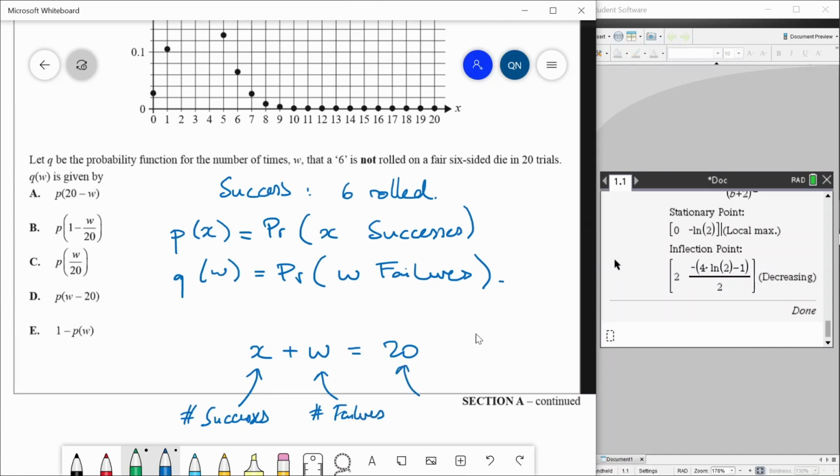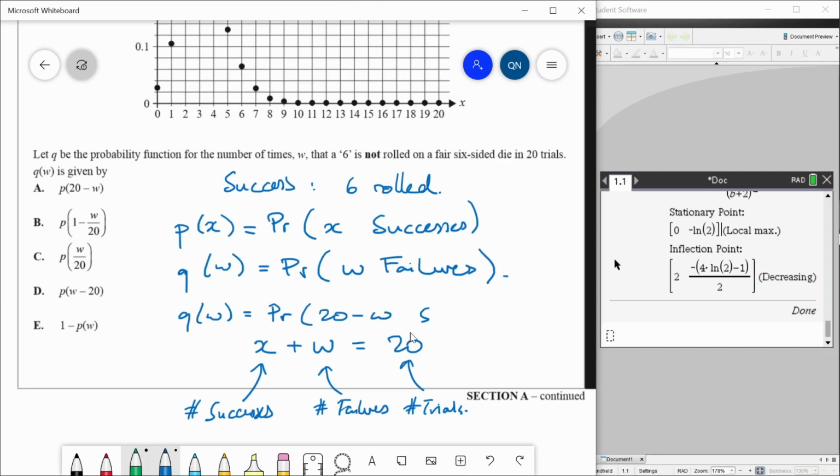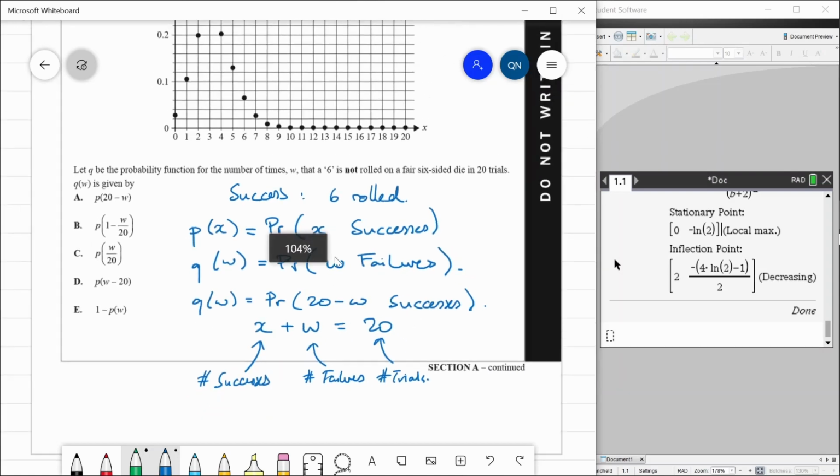Altogether, there should be the number of trials, because it can only be success or failure. So therefore, Q of W, well, this is W failures. We kind of want this to be in terms of successes, but notice that's really the same thing as the probability of getting 20 minus W successes. Right, because if 20 minus W of them are successes, then the remaining W must be failures. So this is equivalent over here.